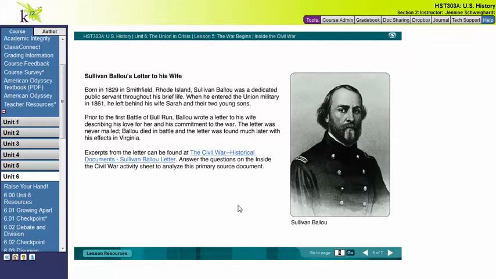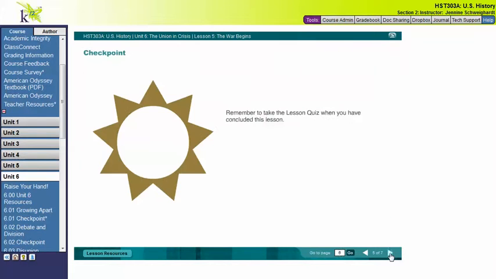You can answer those questions and get practice working with a primary document. This is a primary document because it is a letter from a person during the time period that we're studying. This is not a secondary source. A secondary source would maybe be a collection of letters from the Civil War edited by a modern day historian giving his impression on those letters. That would be a secondary resource.